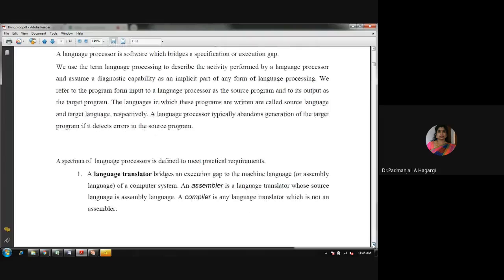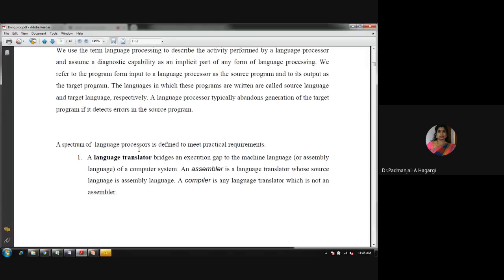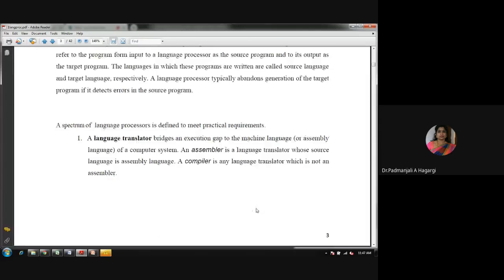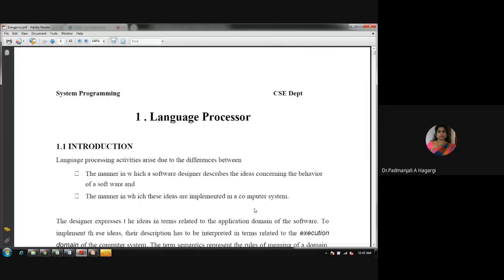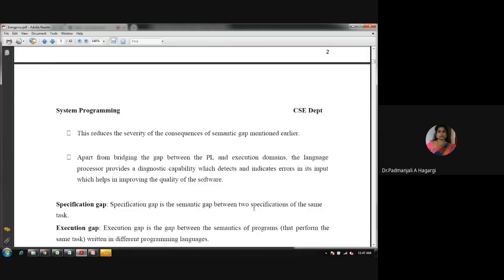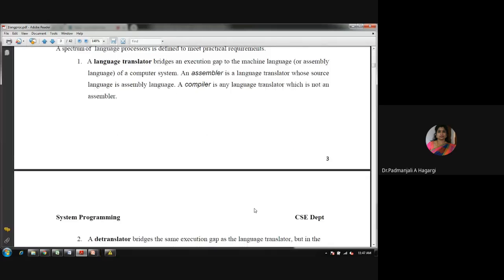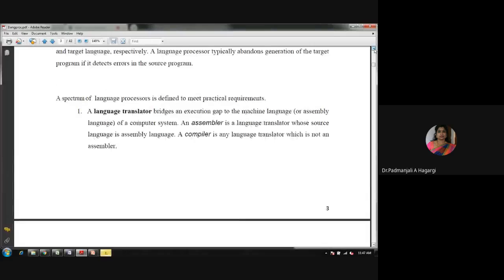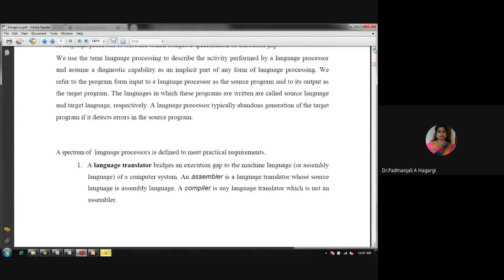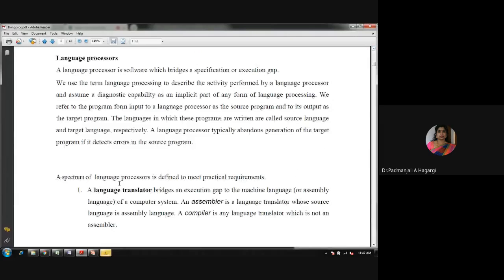The spectrum of the language processor is defined to meet the practical requirements. That is, the language translator is defined. We are studying the language processor.